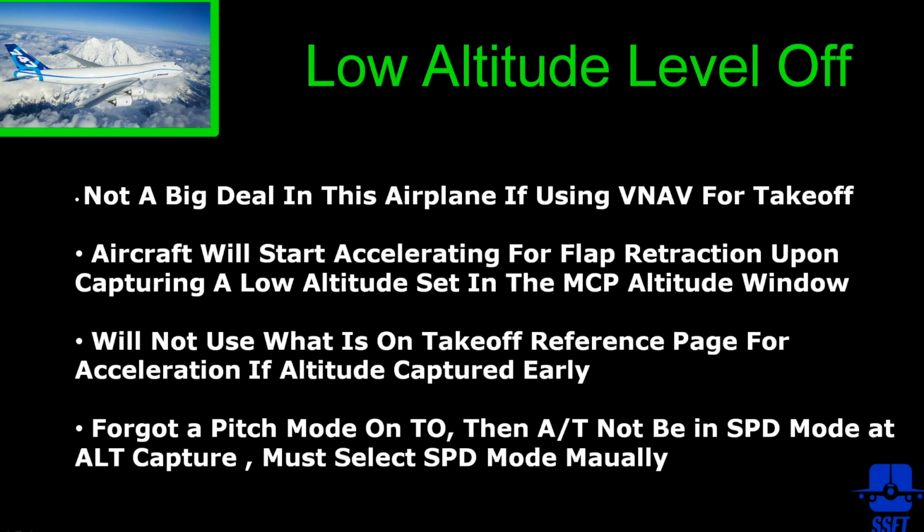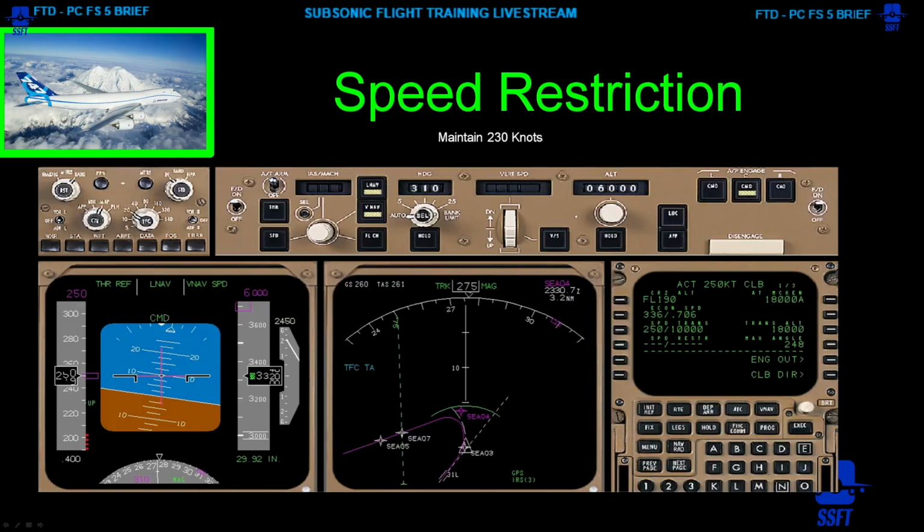If for some reason you were to forget a pitch mode on takeoff, which is not normally done, but it could be, then when you capture the altitude, the auto throttle would not be in the speed mode at altitude capture, and then you'd have to select the speed mode manually to prevent the speed from running away. We're going to have a speed restriction as we take off. At some point, ATC will say to maintain a speed of 230 knots till further advised.